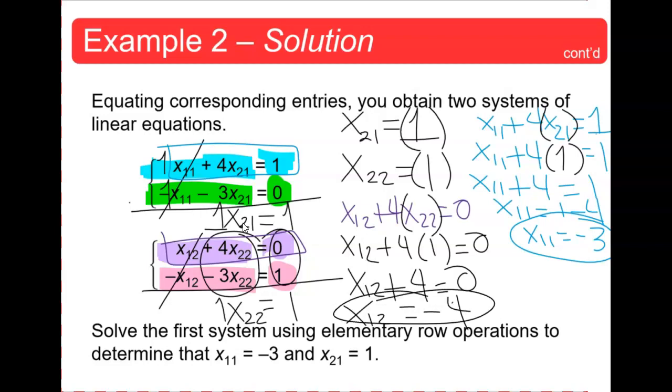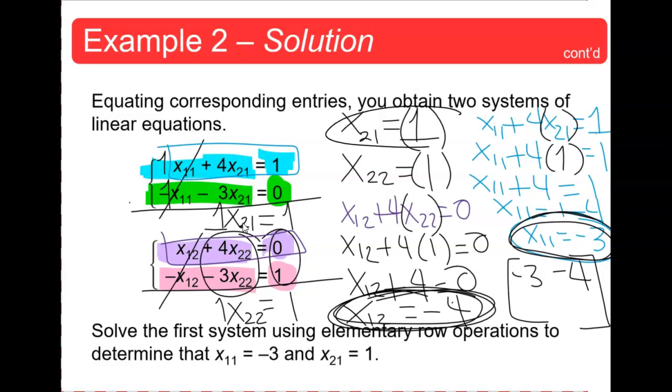And now we have all four of the variables. And going by their subscript, we have here first row, first column is a negative 3. Then first row, second column is a negative 4. Then we have second row, first column, that will be a 1. And second row, second column, also a 1.